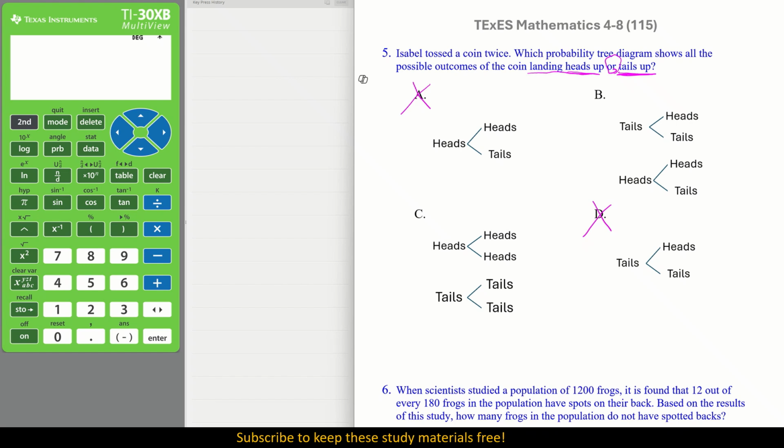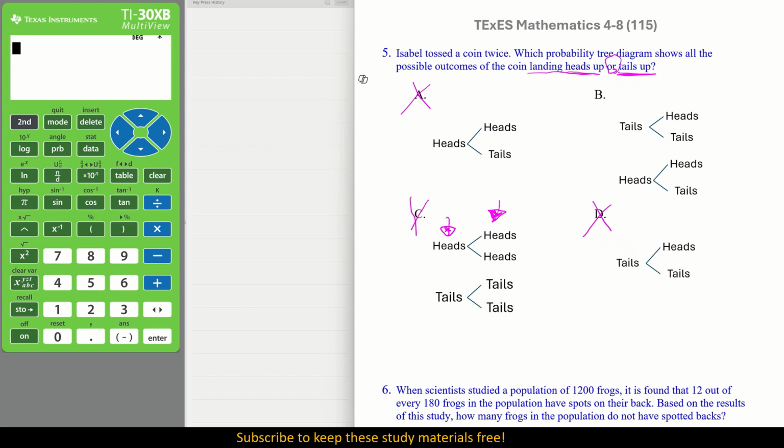Now we have C and B. Let's look at C. That's great for the first toss, but for the second toss, it doesn't make sense. If I toss heads the first time, what they're saying is on the second toss, I'm only going to get heads. If I get heads once, it guarantees heads twice.